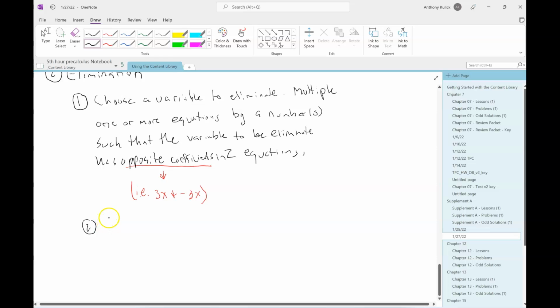Okay, the next thing we do is we add the equations. This eliminates one or more variables and creates a new equation.